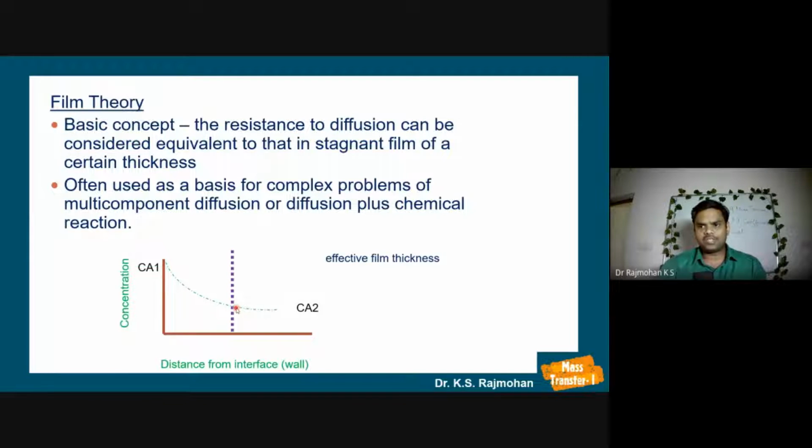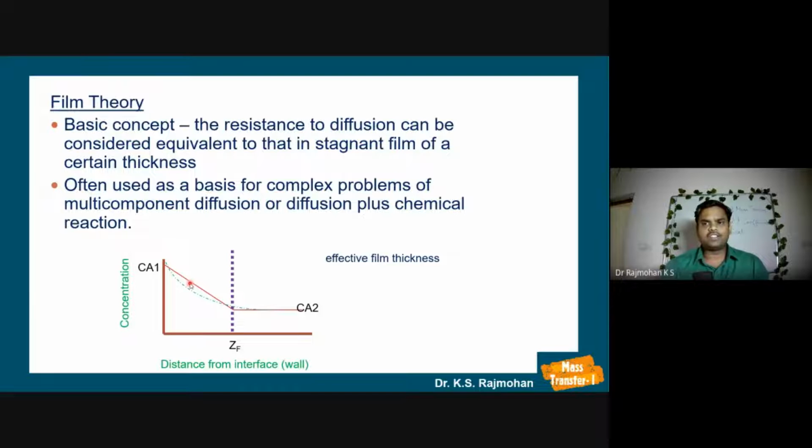Even though the dotted lines show there is a change in concentration, we consider that negligible, and beyond this effective film thickness we have a uniform bulk concentration. Within the film we have the concentration difference Ca1 and Ca2, and the mass transfer takes place across this stagnant film only.